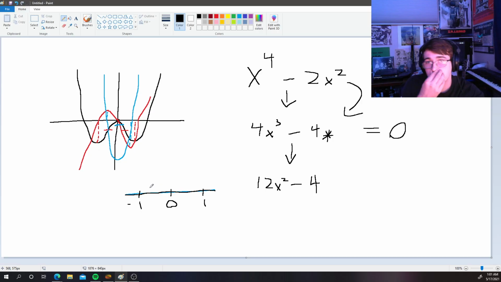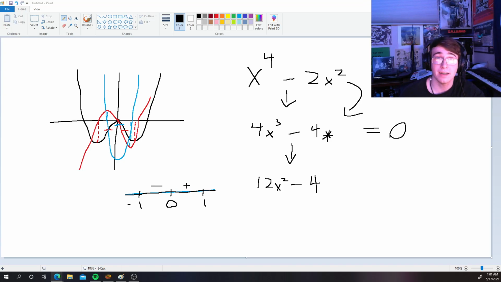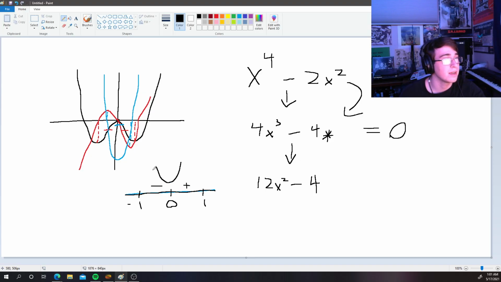You're going to plug in numbers between 0 and -1, and you're going to be like, okay, it's negative there, and you're going to plug in numbers from 0 to 1. You're going to be like, okay, it's positive there, right? And because of how you find minimums and maximums, you'd acknowledge that this is going to be a local minimum. Yay! And it's going to look like that.